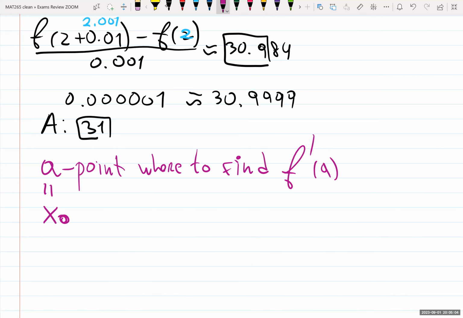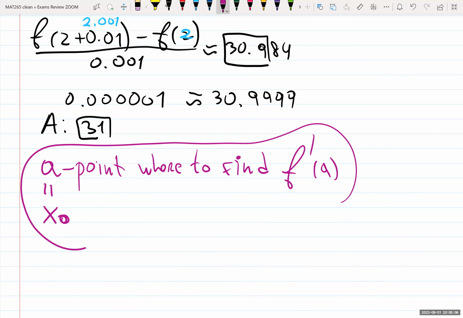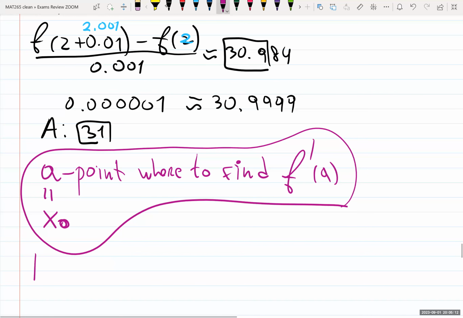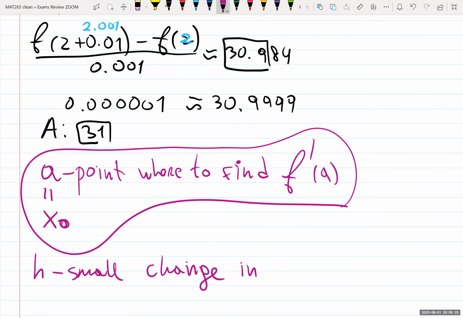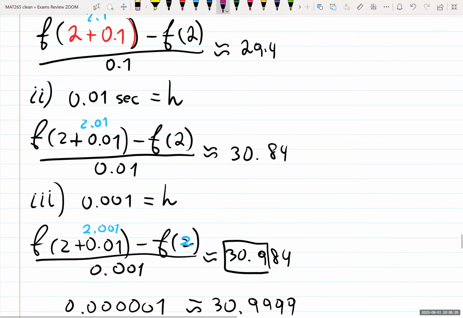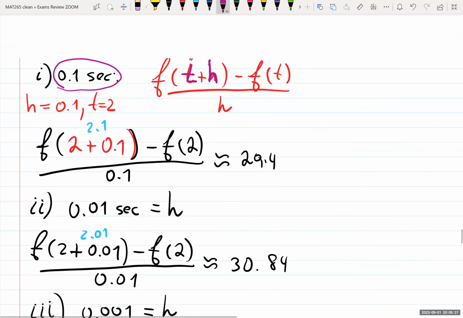So that's how I remember it. Then x is x, don't touch it. X is the unknown variable. H is a small change in the input. And the input in this case was time.